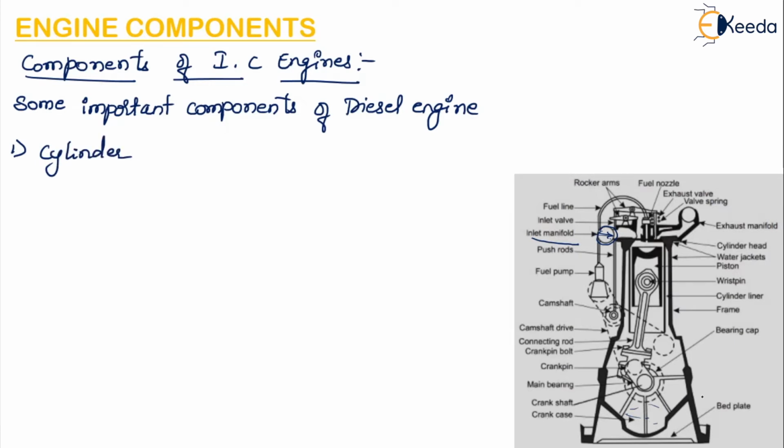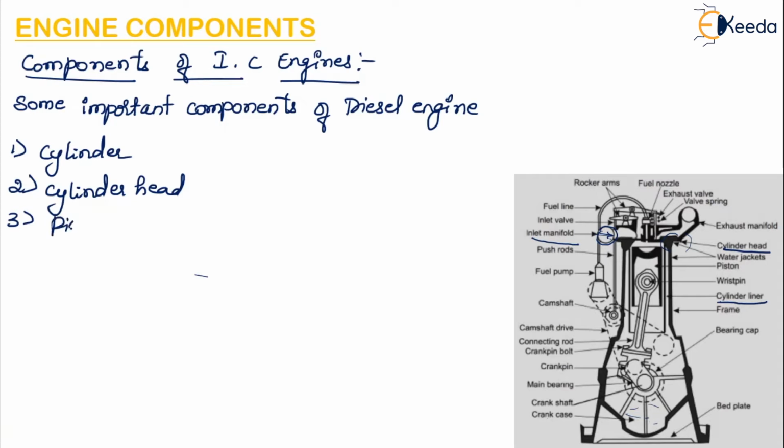So here you can see this is the cylinder and there is a lining on it. Okay, then the cylinder head. So here there is a cylinder head. Okay, so this portion.